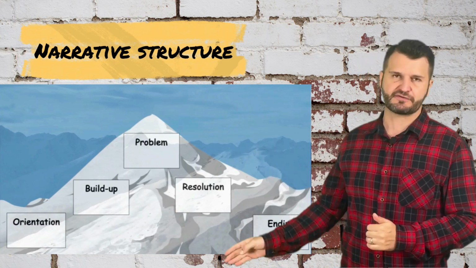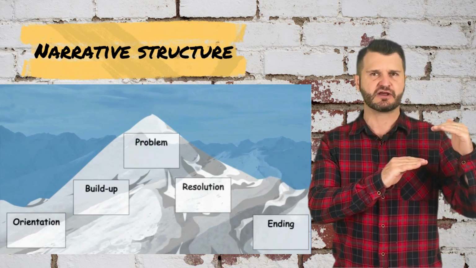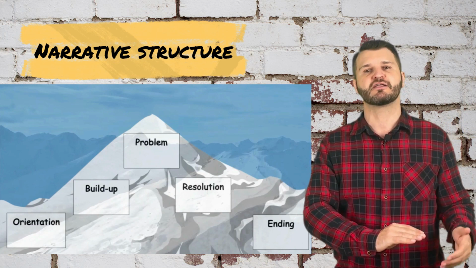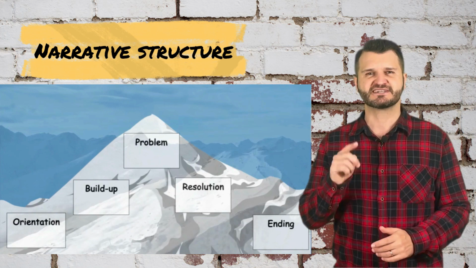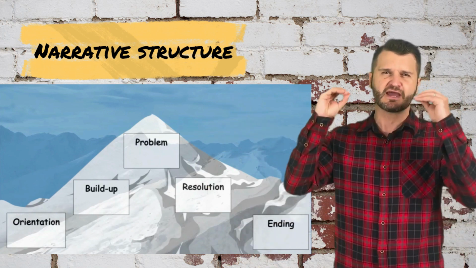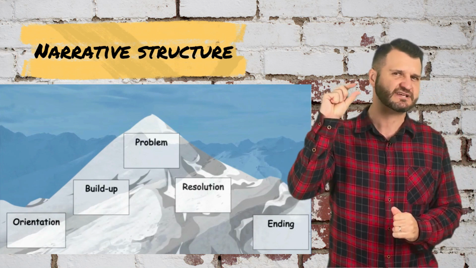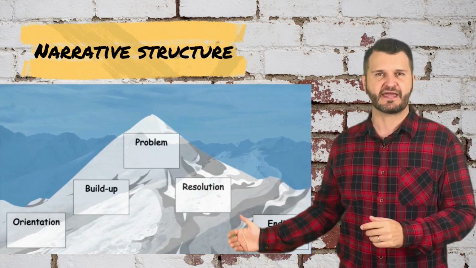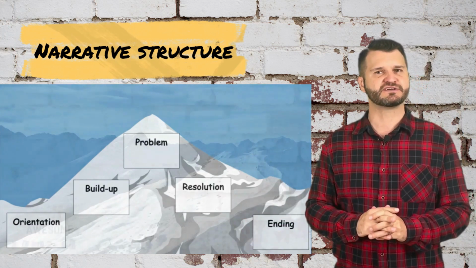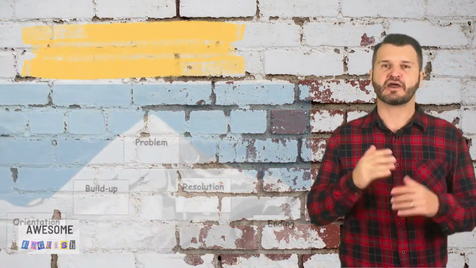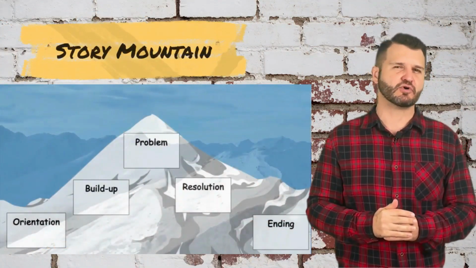It has the orientation, then the build-up, then the problem, then the resolution, then the ending. Now, by sticking to this clear structure, you can really build up your narrative to a key point, a key piece of tension, and then you can resolve that problem, fix it, and then end it. So, we're going to be working through this in this series. Let's keep learning.